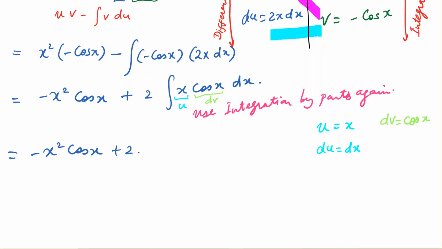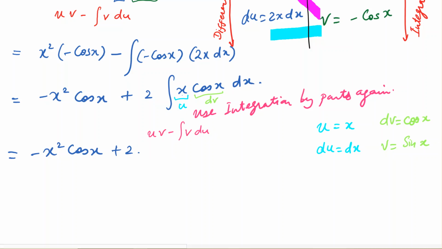So u equal to x implies du equal to dx. Similarly, dv equal to cosine x dx implies integrating, we get v is equal to sine x. Now we're going to use our integration by parts formula, uv minus integral v du.